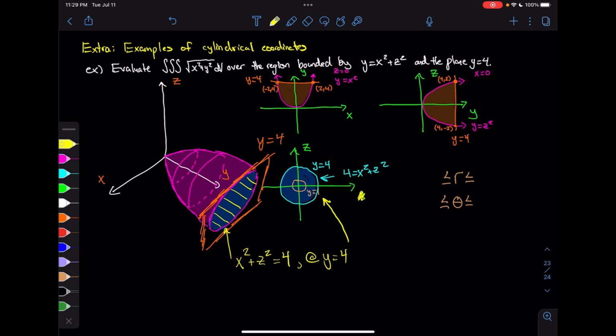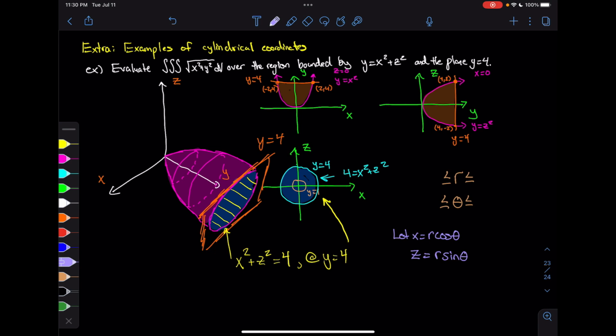But here we don't have the xy plane, we have the xz plane. So what's going to change? Well, truth be told, not much. All we're going to do is say, if we let x equal r cosine theta, and we let z equal r sine theta, that is the parameterization for a circle centered at the origin of the xz plane.